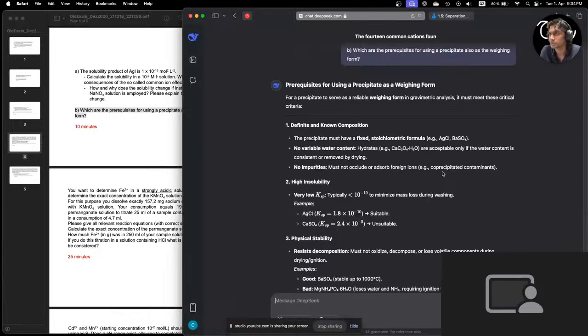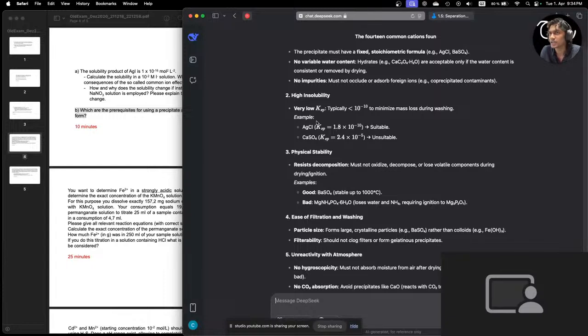This was what I was expecting. So definite and known composition, high insolubility, which is like, okay, it should not be soluble.